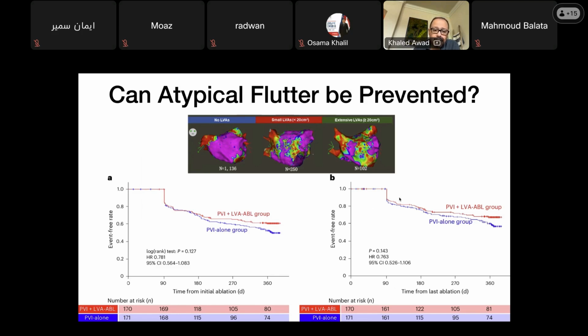So what we're looking at here is essentially that additional ablation of scar improves arrhythmia-free survival. It did not reach statistical significance, but there was a numerical signal, and that essentially just means that the sample size was not enough to show the difference.